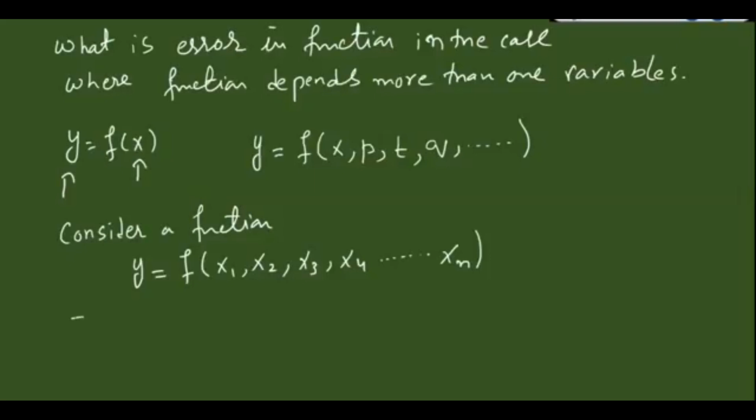So the change in this case is defined as, I'm giving you the direct relation, the change in y is equal to, what you have to do, student, you have to know the change in each individual variable. So the change in x1 is epsilon x1, which you know.